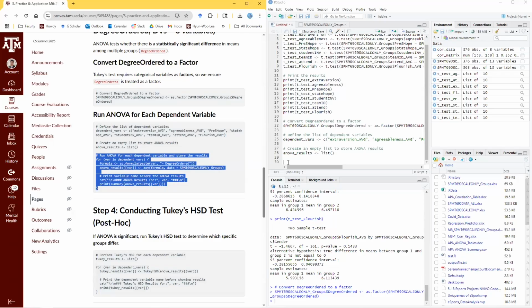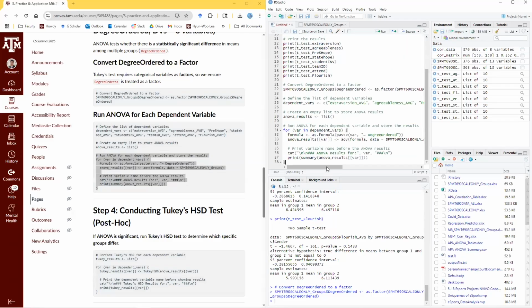So if I would read this command to you, the variables, we're going to analyze the 8 variables that we designated dependent variables, right? And the formula to run the ANOVA is we're using degree ordered as the difference groups.